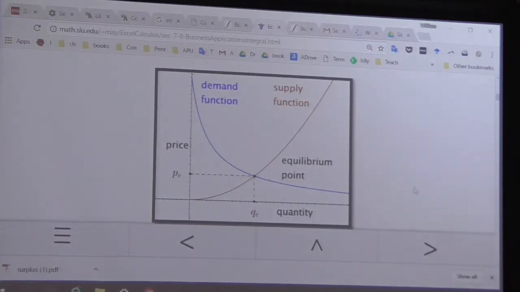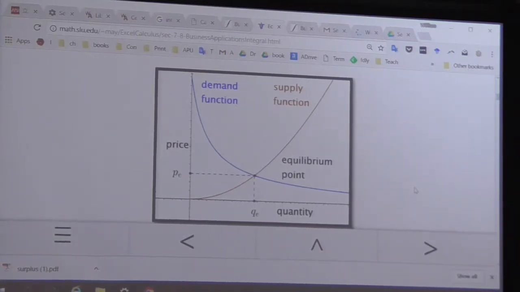But what does that mean? What are we talking about here? Can anybody explain what that means a little more clearly? As the price decreases, the quantity increases. What does that mean?